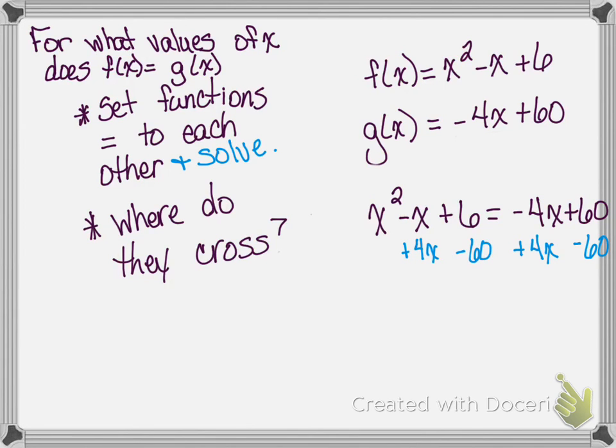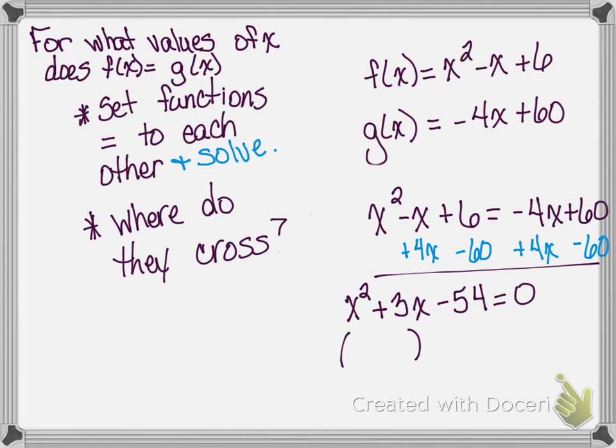Okay? So I end up with x squared plus 3x minus 54. Now, can I factor that? And I can factor it, okay? I need two numbers multiplied together give me negative 54, and added together give me 3. 9 and negative 6.